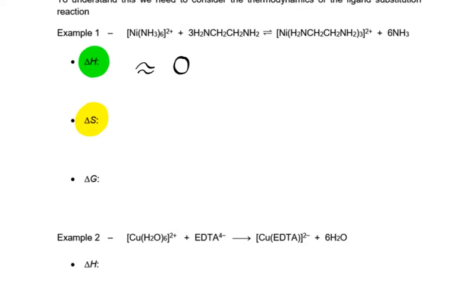The next thing to look at is delta S. This is in the topic entropy, and this is to do with the disorder of the reaction. There's several things that we can consider with this. It might be whether things are changing from solids to liquids to gases, or it might be to do with the number of moles involved.